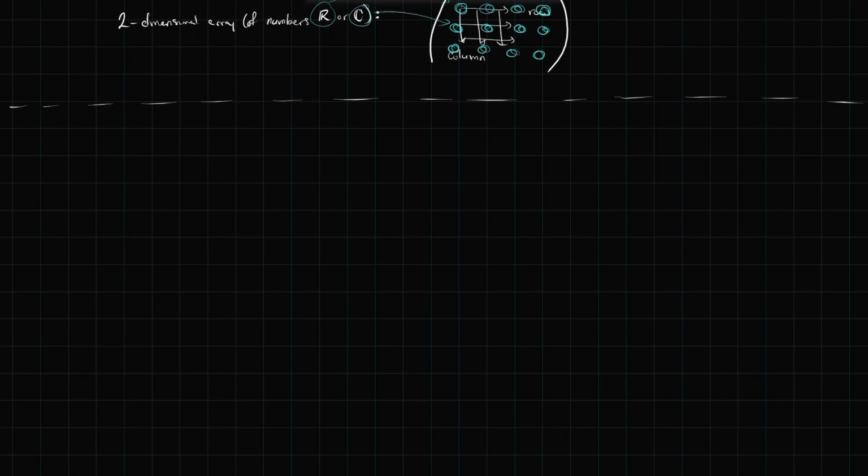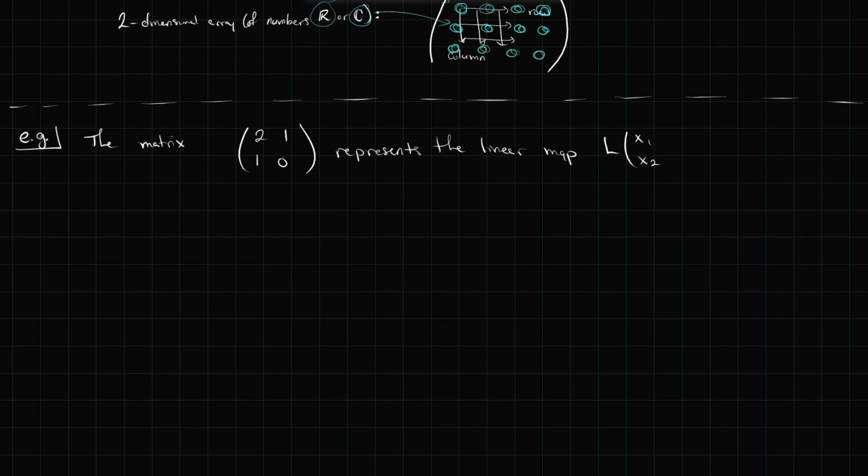But what does it mean to represent a linear map? For example, the matrix (2, 1; 1, 0) represents the linear map L of (x1, x2) equals (2, 1; 1, 0), where those are the coefficients of x1, x2, x1, x2, and they get added horizontally.